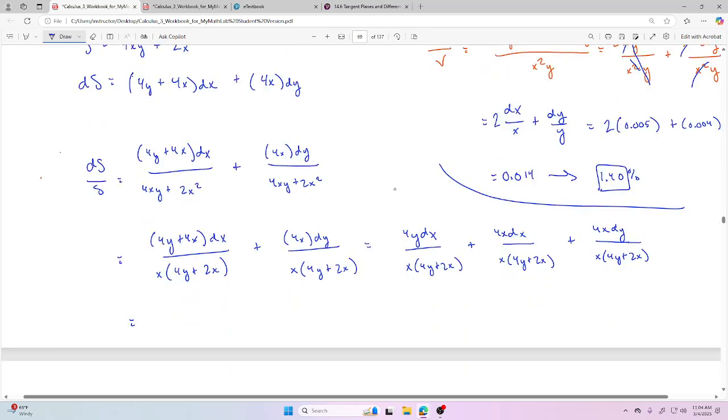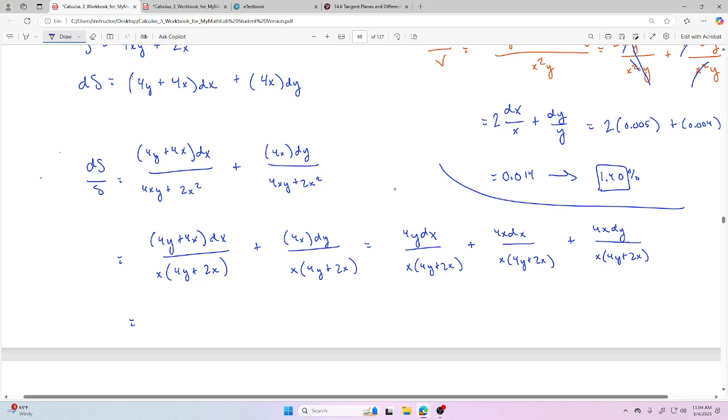So I would have an x on the top here, an x on the top here, and a y right there. An x and a y are almost the same thing. They're like doubling themselves. So that might be something.